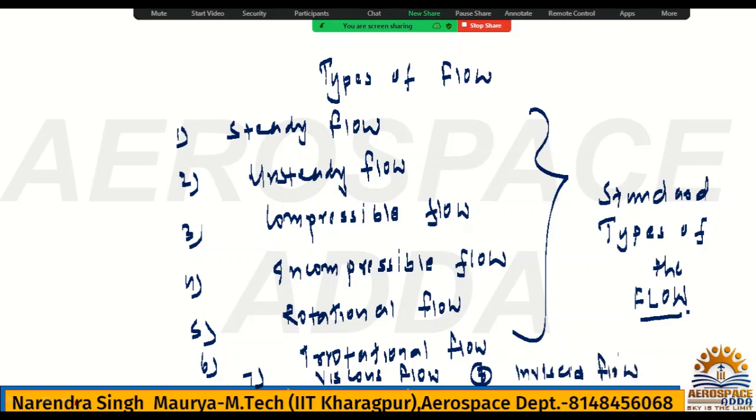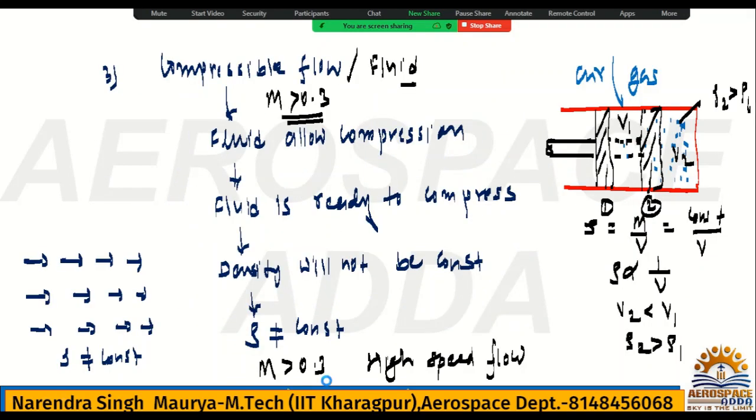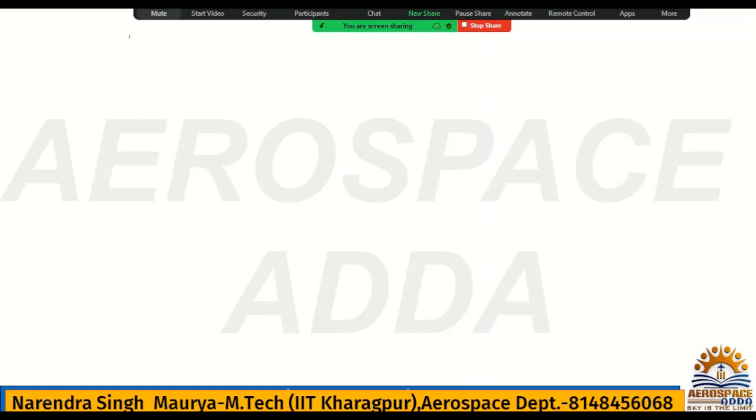Before going to rotational and irrotational, I will explain viscous flow first. You change the number; I must say it is 5. So what is viscous flow? Viscous flow or viscous fluid.